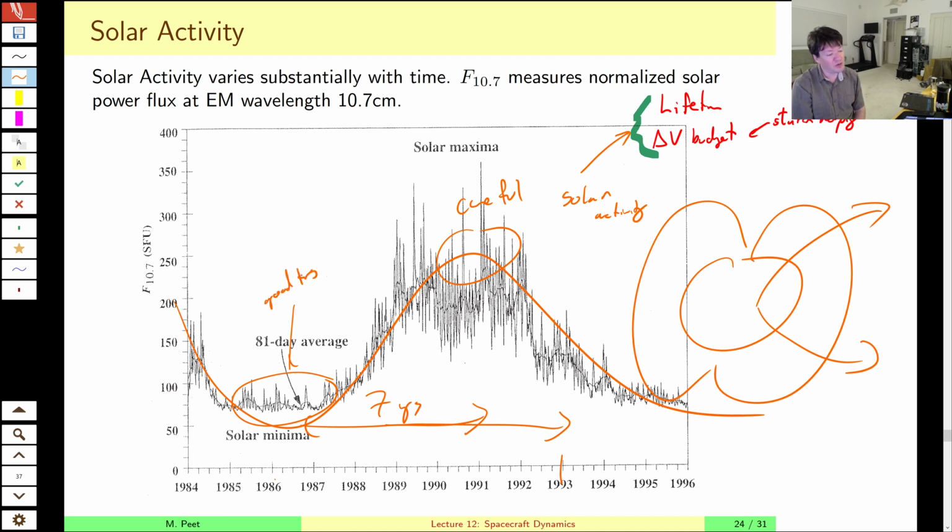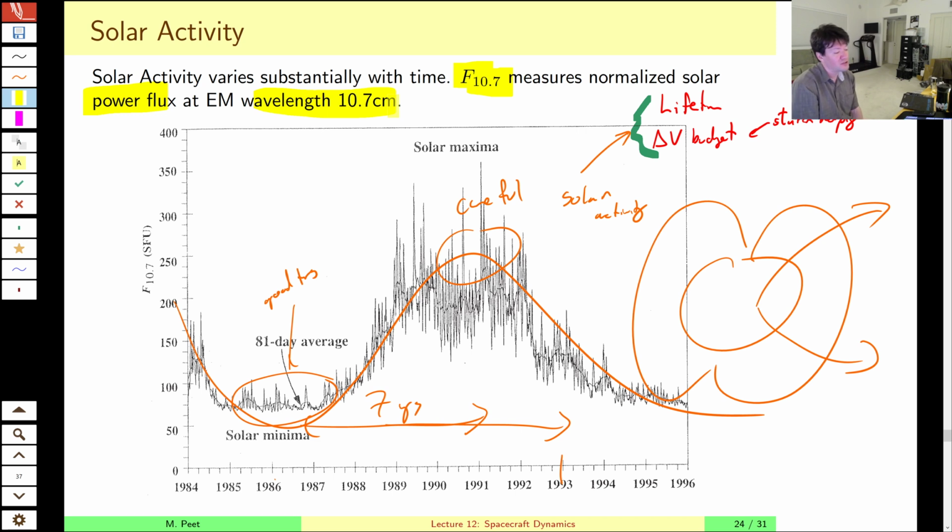Right. So how do we do this? So what am I plotting here? What I'm plotting here is how you measure the solar weather. This is a measurement that people take, which is basically the power flux at a particular wavelength.